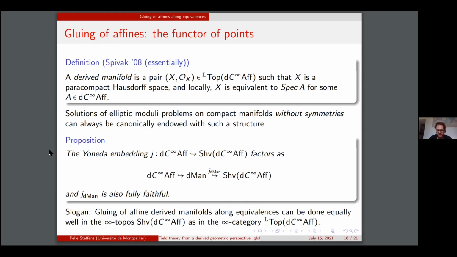It becomes a much more powerful statement. I don't know what this would be called, like a derived Deligne-Mumford stack would be a pair where you have not a space here, but sheaves on a category, together with a sheaf of simplicial C infinity rings in this topos, which is locally equivalent to spec A. And that still maps fully faithfully in this topos.